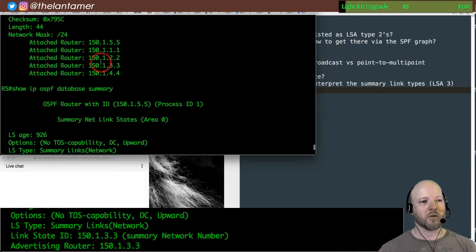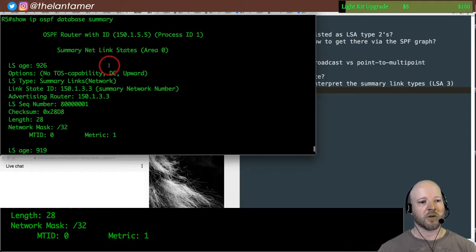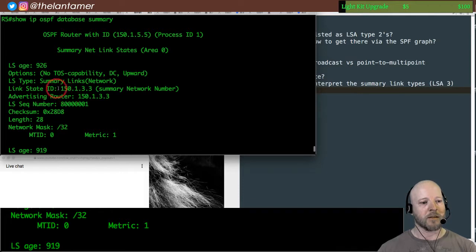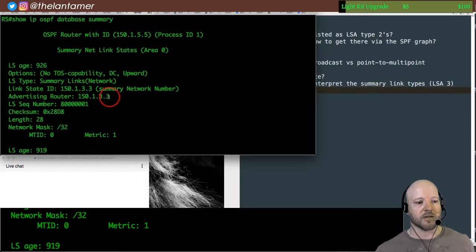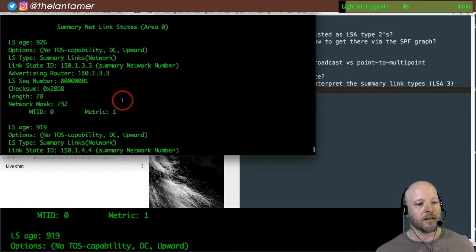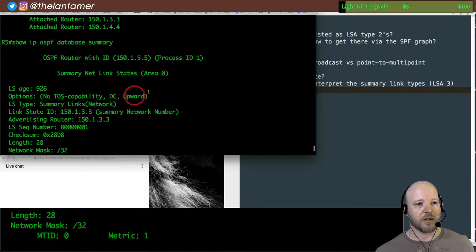This will probably become more apparent when we do more diverse, broader networks, but basically this link state ID is 151.3.3, and the advertising router is this, which I have a router LSA type, so I know how to get to it. But it is in another area, so that's why it is a summary.